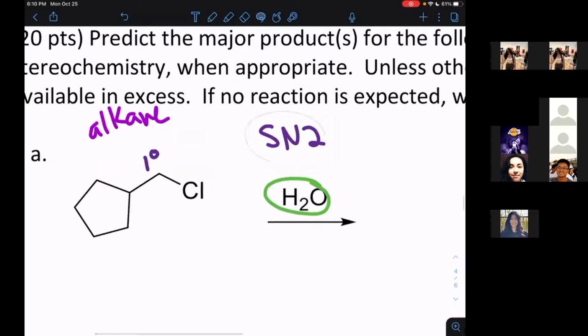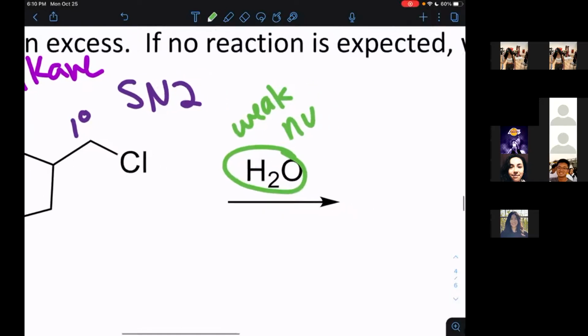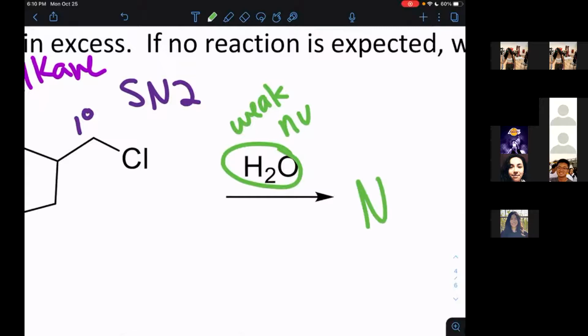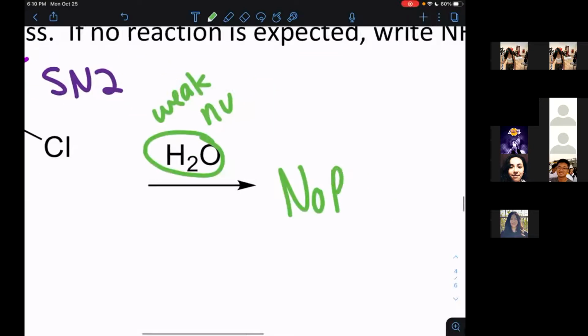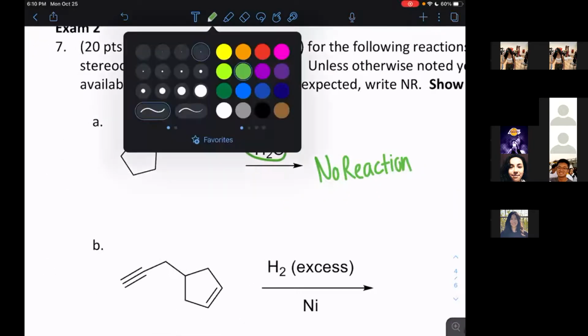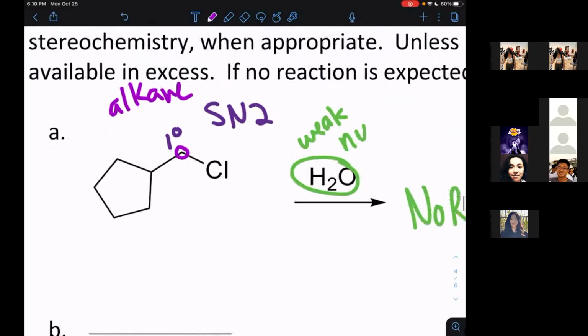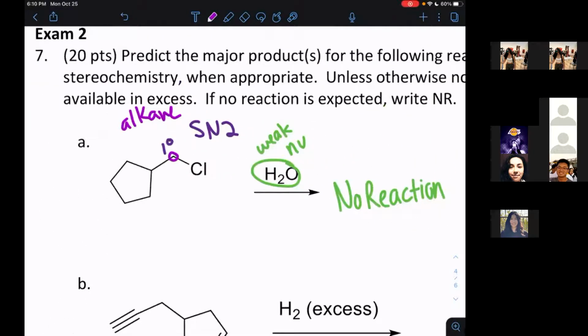So this one it's 1 degree, so it tells us it's SN2, weak nucleophile, so it doesn't happen. In case we didn't explain it enough, the carbon attached to the chlorine is the carbon we pay attention to in the alkyl halide. It's a primary carbon, so those can only do SN2 reactions.